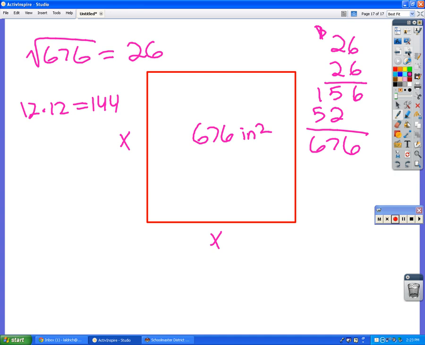But how can I tell from this problem that I don't want to use the negative answer yet? Right, because I can't have a negative side of a square. So if you're talking about an area of something, that is always going to be just the positive one. Okay?